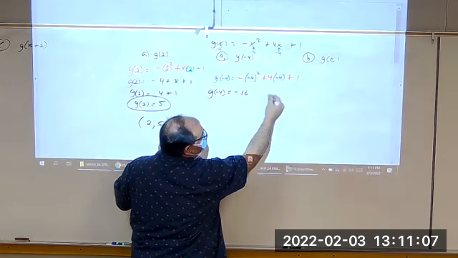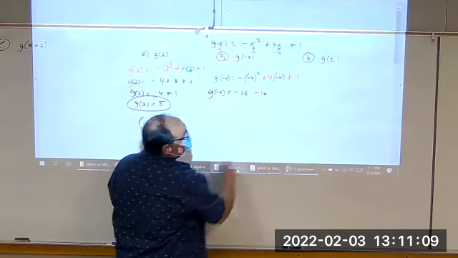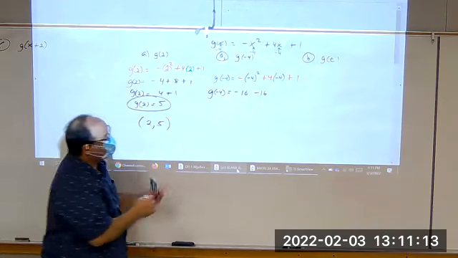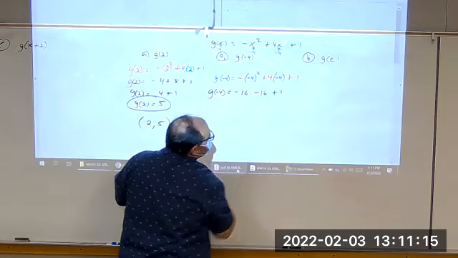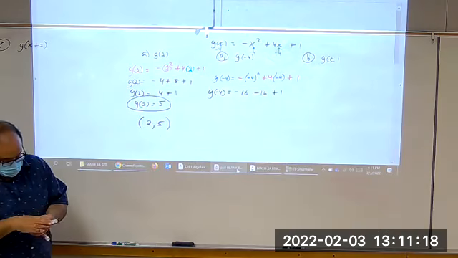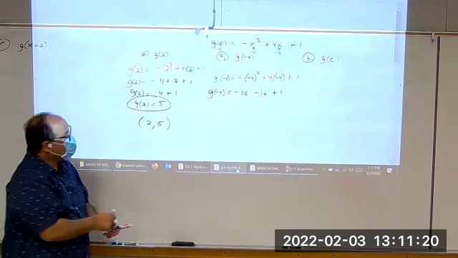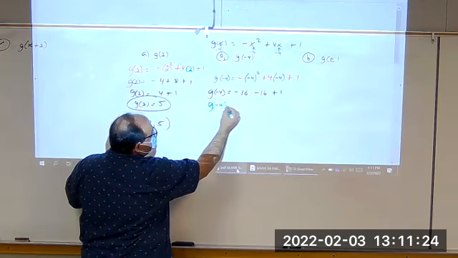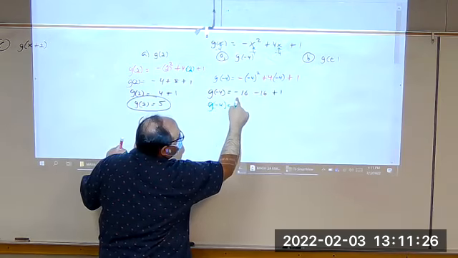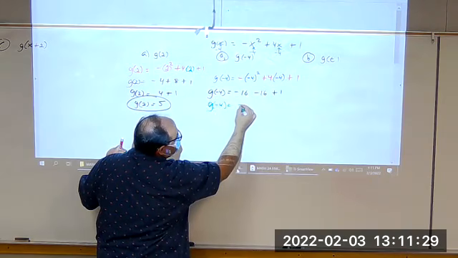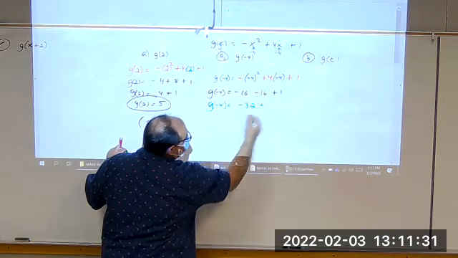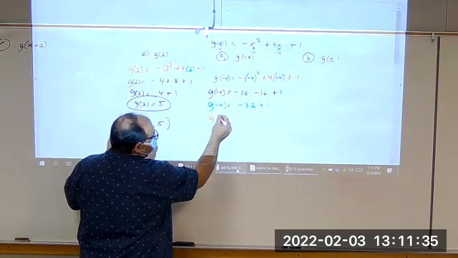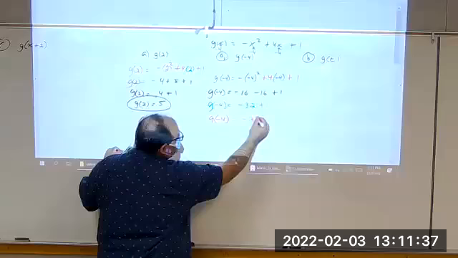Positive 4 times negative 4 is negative 16. And then we have plus 1. And then G of negative 4, from left to right, negative 16, take away 16 is negative 32 plus 1. G of negative 4 is negative 31.